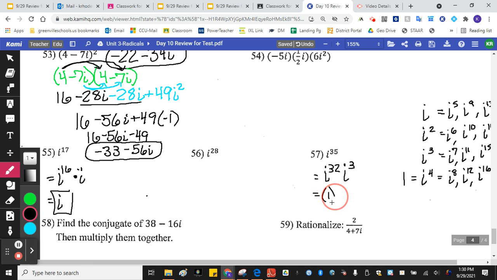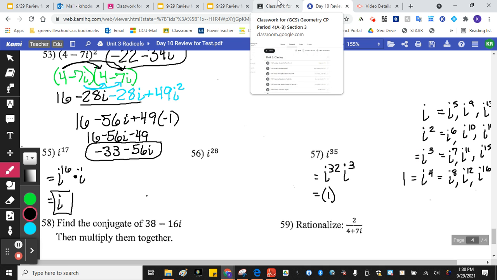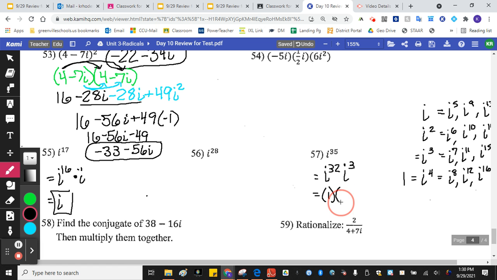This is just 1. And then i cubed is one of the ones I want you to memorize. It is negative i. So this would just equal negative i.